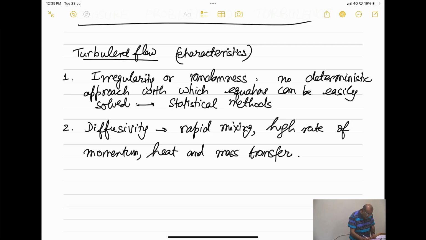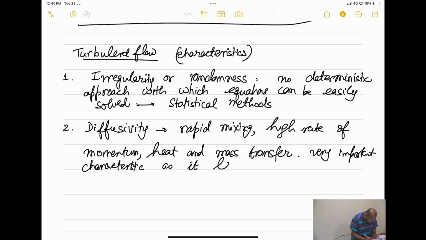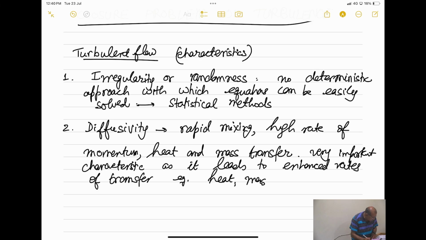And this is a very important characteristic because this leads to enhanced rates of transfer. The example could be heat, mass transfer.